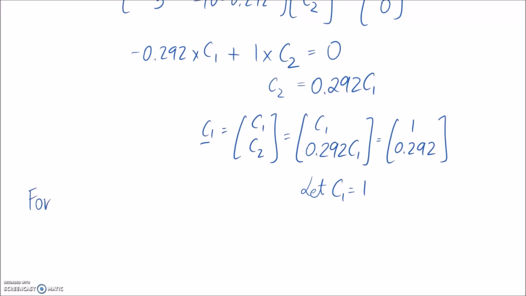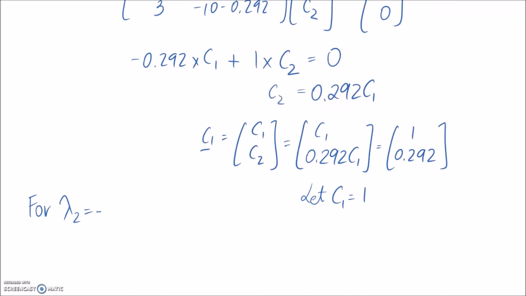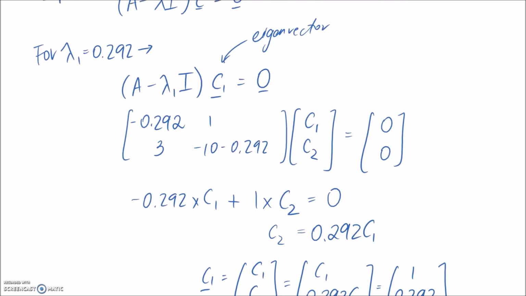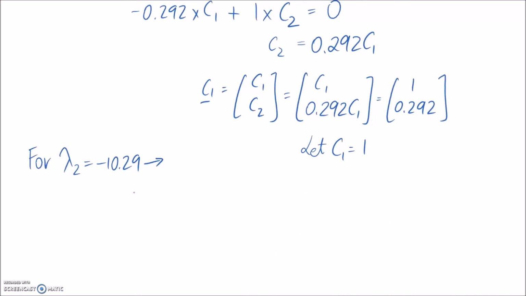For our second eigenvalue, that was the negative 10.29, we need to write out this equation with our lambda and our c appropriately subscripted. So that's going to be A minus lambda 2 times I multiplied by the second eigenvector has to be equal to the 0 vector.